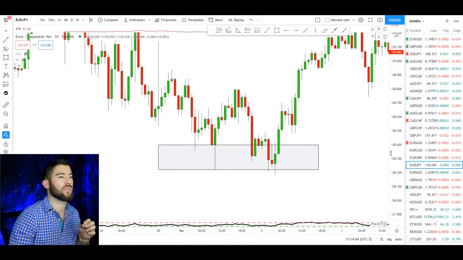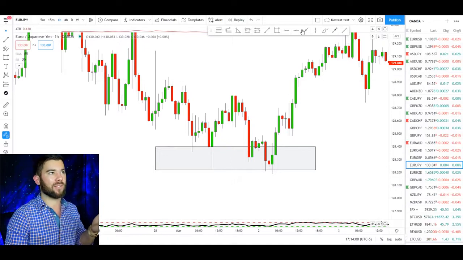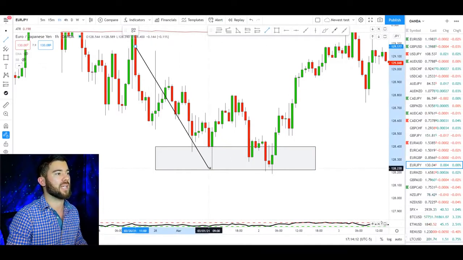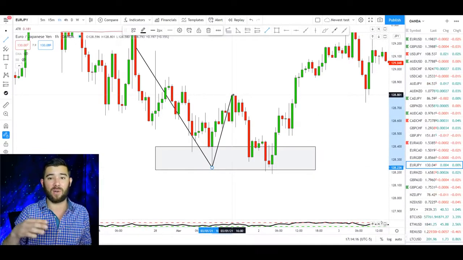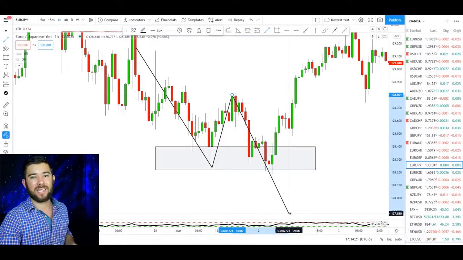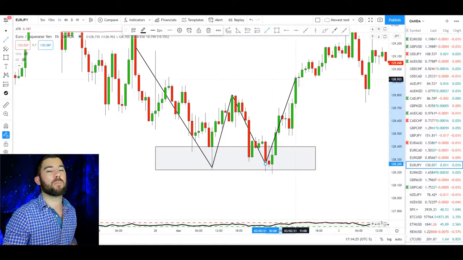For a double bottom, that's what we're looking at right now here on the euro yen. For this pattern, the way it looks on a chart is a market that comes down, creates a level of support, then bounces up to a level of resistance. But instead of continuing down in this downtrend, we come down, we retest this level of support, and we're supported yet again.